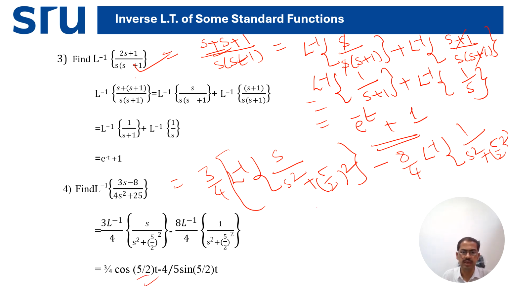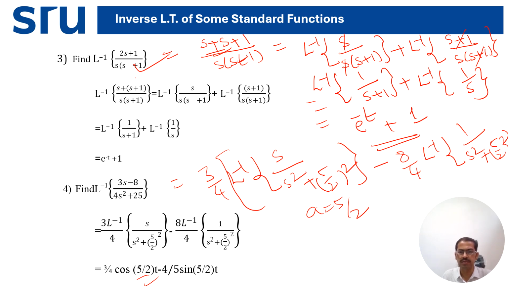In place of a, a is equal to 5 by 2. Clear? S by s square plus (5 by 2) whole square means s by s square plus a square, so a is equal to 5 by 2. Here also minus 8 by 4 times 1 by s square plus (5 by 2) whole square.